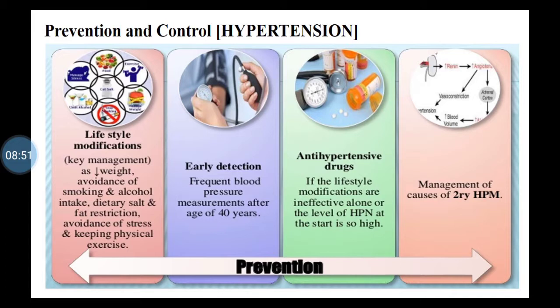Now, prevention, we will see the hypertension can be prevented by lifestyle modification also, isn't it? Like weight must be controlled, then smoking, tobacco chewing must be avoided, then avoid drinking of alcohol, avoid table salt, that is high intake of salt in the food, then avoid fat rich diet, isn't it?